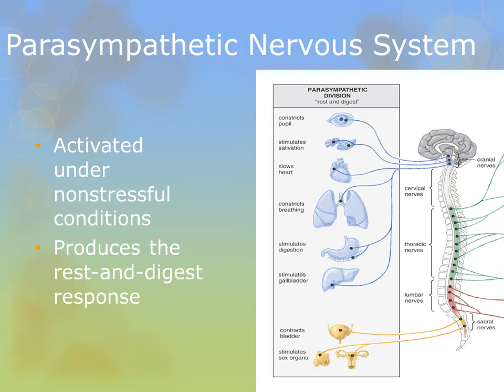Parasympathetic is activated under non-stressful conditions, and you might remember having heard this called the rest and digest system. So this is when we are calm and relaxed, when we are going to see the parasympathetic nervous system in control of our autonomic nervous system.